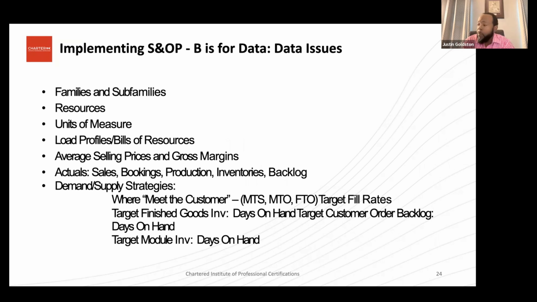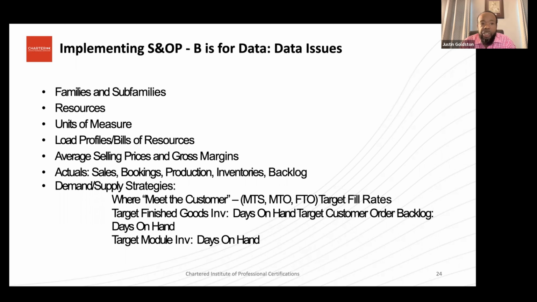So we all have heard of the term garbage in, garbage out, and that is the reality, where a big problem with a number of organizations in terms of forecast accuracy is the lack of accurate data that they have within their application.